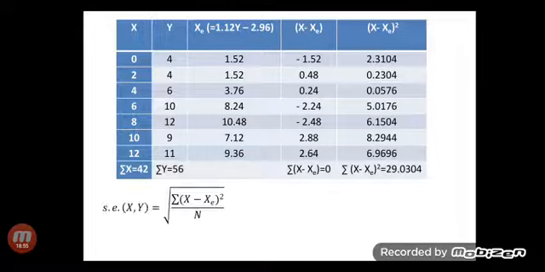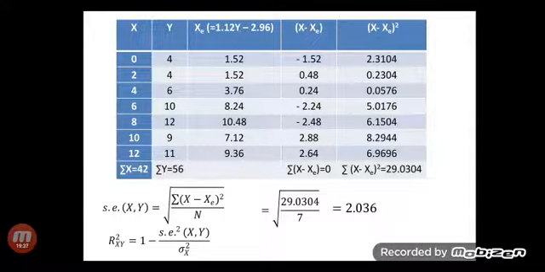From this information we can calculate the standard error of the regression line x on y as the square root of summation x minus xe whole square by n, that is the square root of 29.0304 by 7, which is found to be 2.036. So that is the standard error of the regression line x on y.